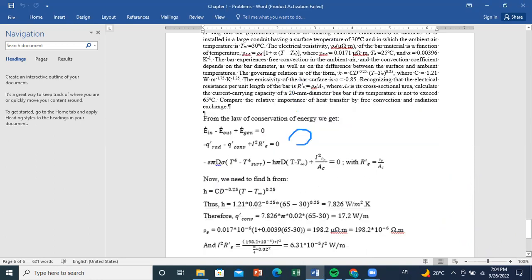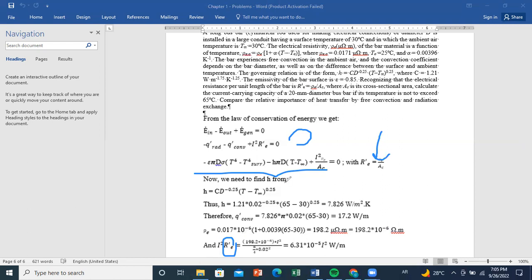By replacement, we can find that the value of the electrical power per unit length, which is I square R prime E, is equal to the following value. Okay, and here they didn't give us the value of I. So if we want to calculate I, we should have already performed the calculation. We can get the value of I square R prime, since we have R prime E. Once we get R prime E from our calculation here, we can deduce the value of the current.